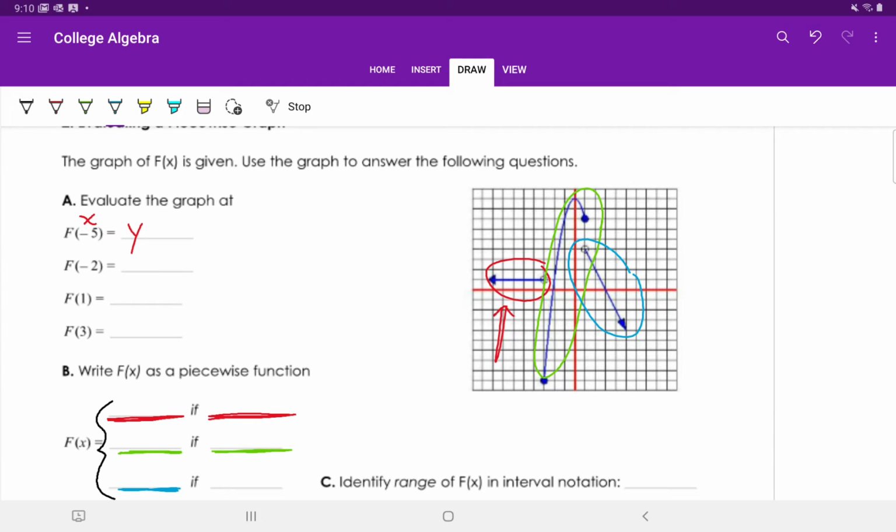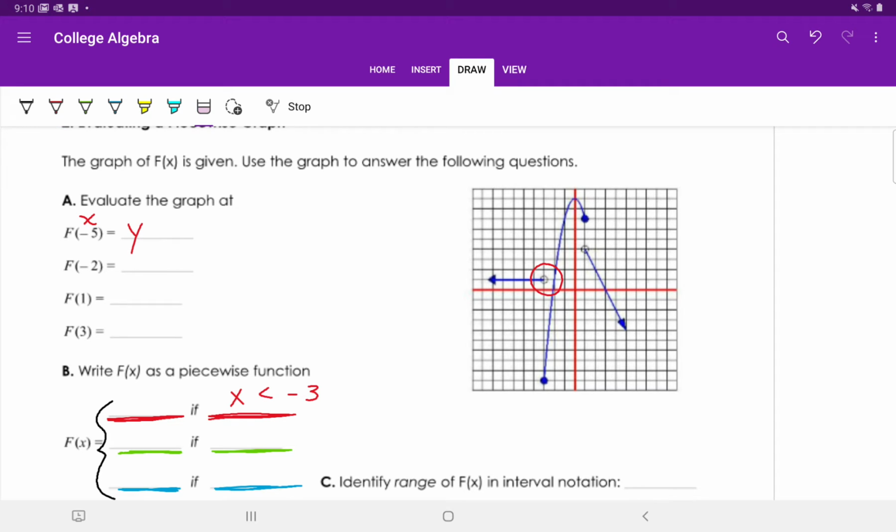And as you're doing that, one thing to watch out for is, I'm going to erase some of these color marks that I made. One thing to watch out for when you're looking at domain is whether you're dealing with open or closed circles, because that's going to make the difference between x is less than -3 or x is less than or equal to -3.